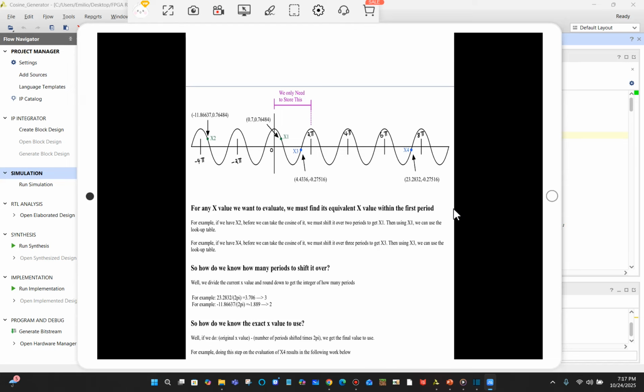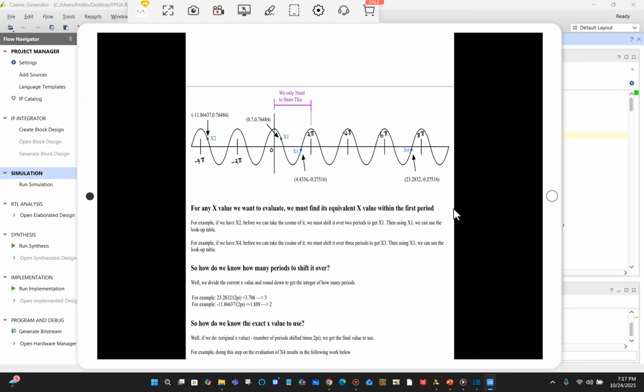So in practice, what we do is we only store a single period from here to here, because remember, the whole thing repeats. This side is the same as this. This here is the same as this. So for any x we want to evaluate, we just have to find its equivalent x value within the first period.